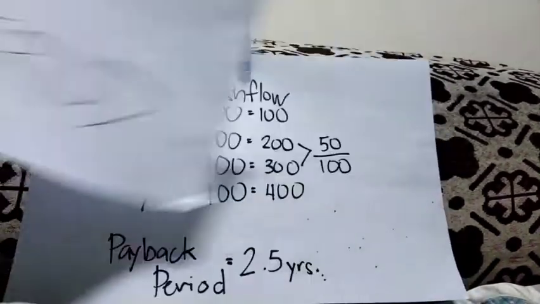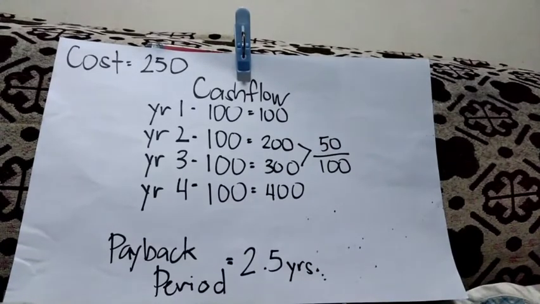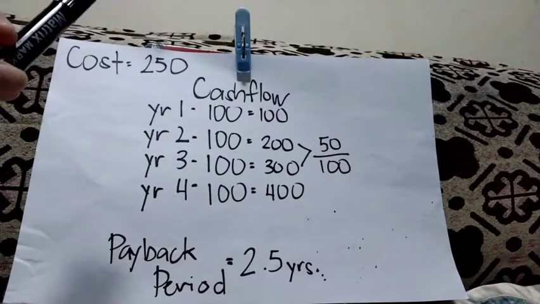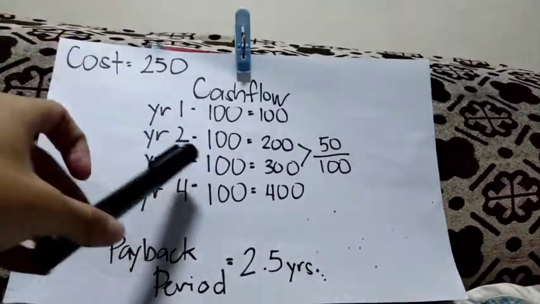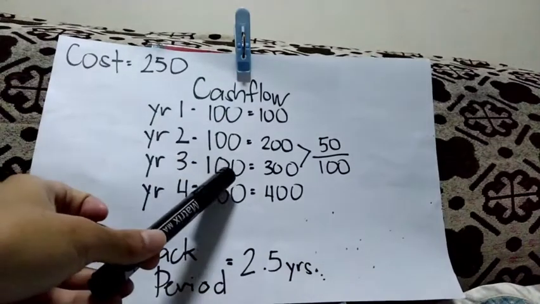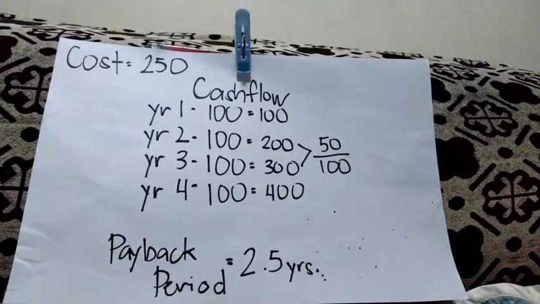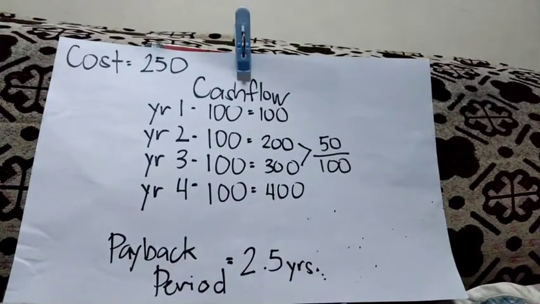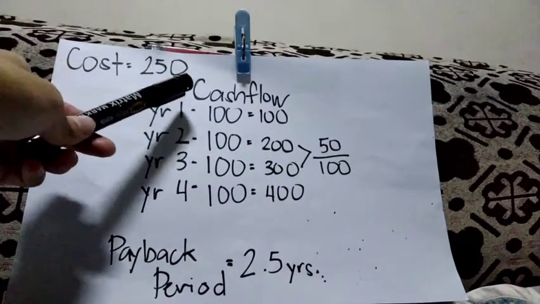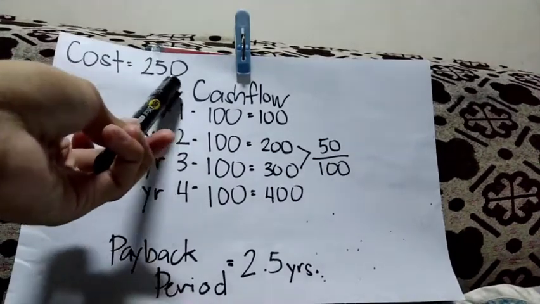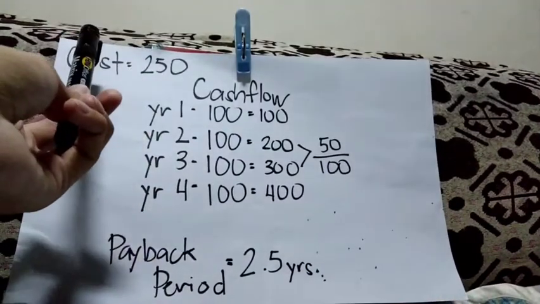In this example, there is an initial investment costing 250 with a cash flow for year 1 of 100, year 2 100, year 3 100, year 4 100. The question in this payback period is, in what period or time can we recover or buy back this amount of 250?